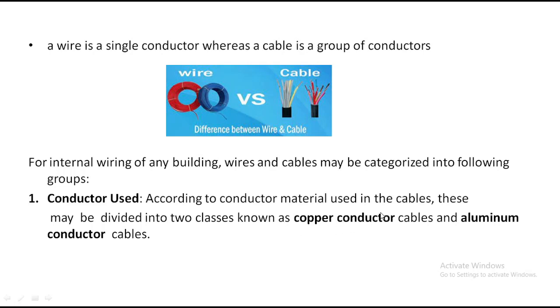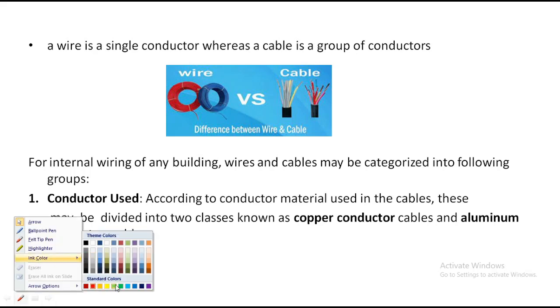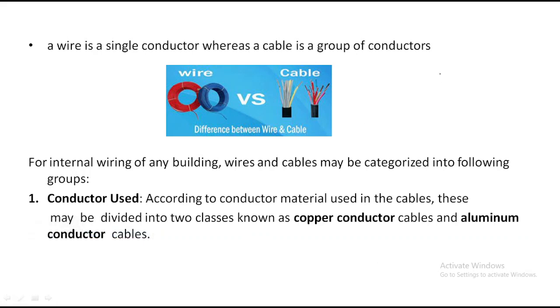So copper is one thing, aluminum is another. How can you understand which one is copper and which one is aluminum? The copper conductor is generally in a reddish color, normal reddish color.